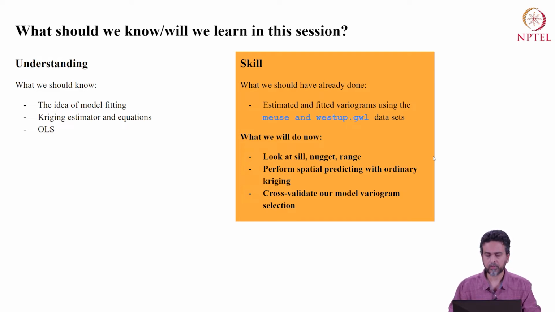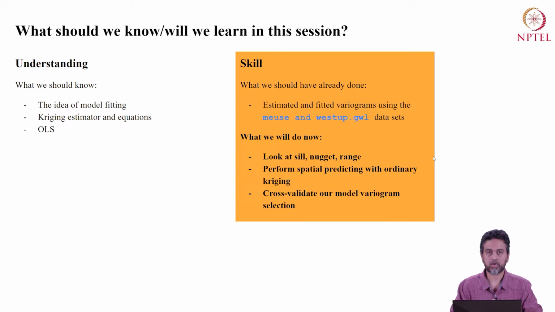What will we do today? We will look at the parameters of our fitted variogram, the main parameters that tell us the shape of it, called sill, nugget, and range. I hope you know what those mean. If you don't, please refer to the appropriate video and review that material. Then we will use our fitted variogram to perform spatial prediction with ordinary kriging.